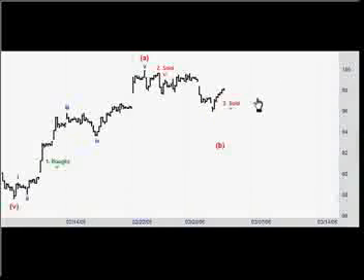So we are now looking to trade this B wave to the downside, and here's the structure so far.